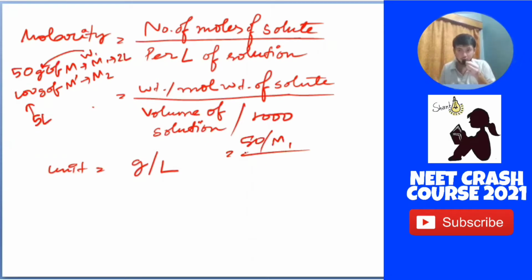So the total volume we have to write here is 2 plus 5, 7. You understand it? And then we will just divide it with 1000. That's how we conclude the molarity of a solution, and it also has a unit, gram per liter, because we are dividing weight by the volume.